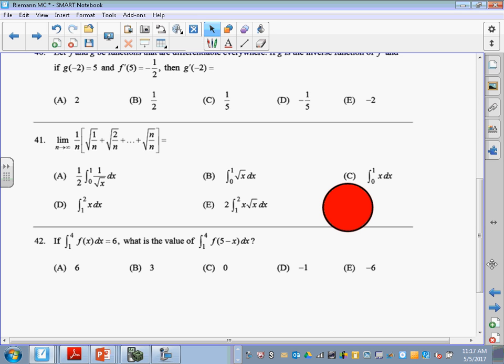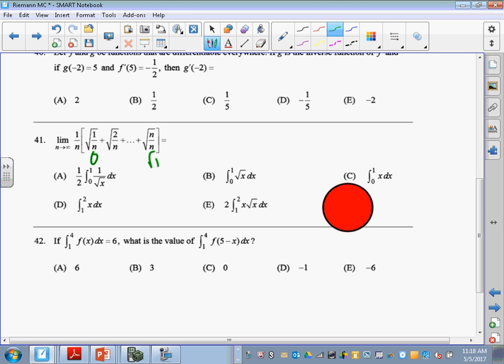Because it matches the endpoints, it's also a square root. It's also a square root, right? So that's the other thing. We're taking the square root every time, right? The endpoints. That first one is 0. This is basically 0. And this is the square root of 1. That's our first and our last.